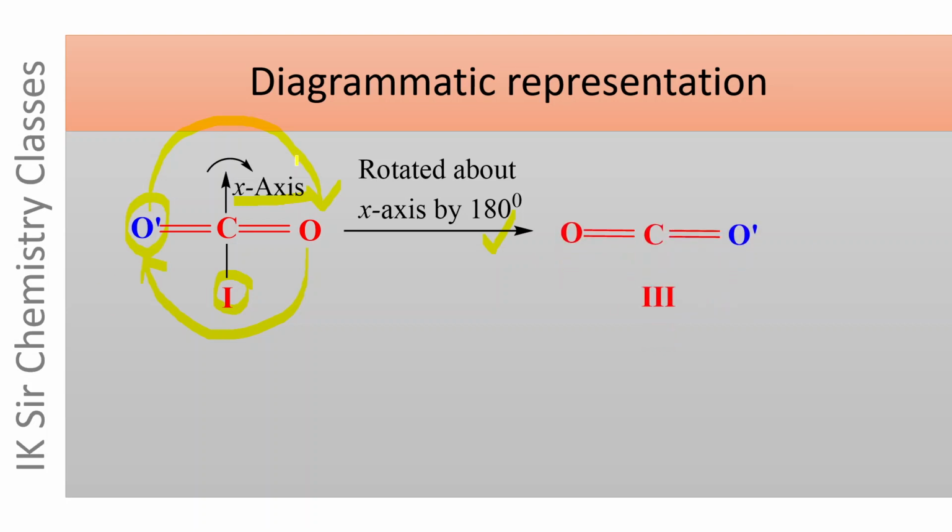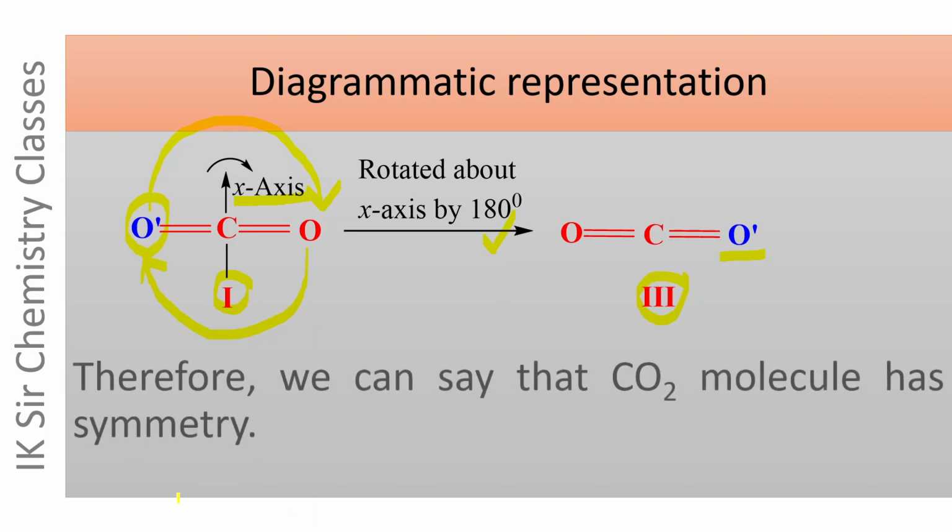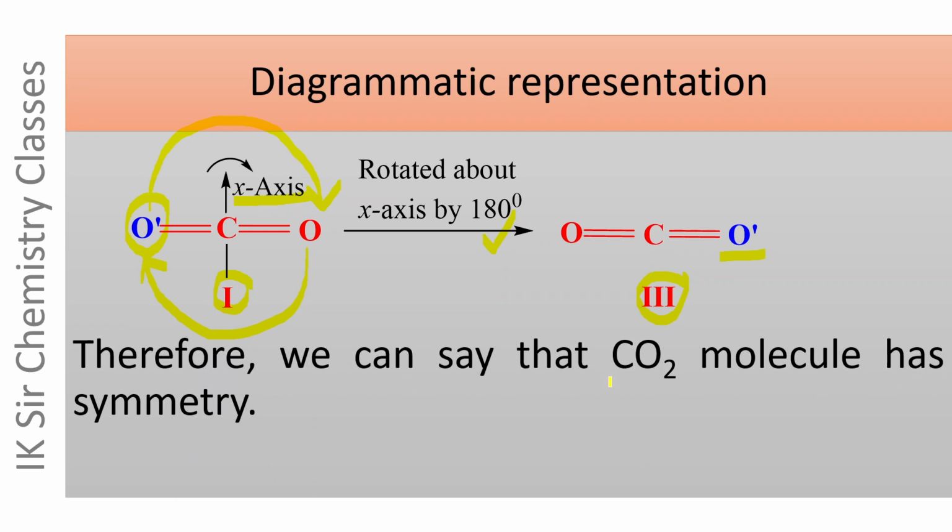Orientations 1 and 3 are similar, equivalent or indistinguishable, and therefore we can say that CO2 molecule has symmetry.